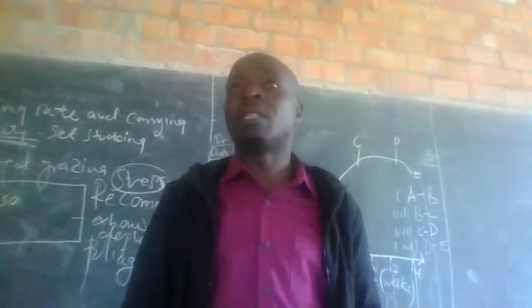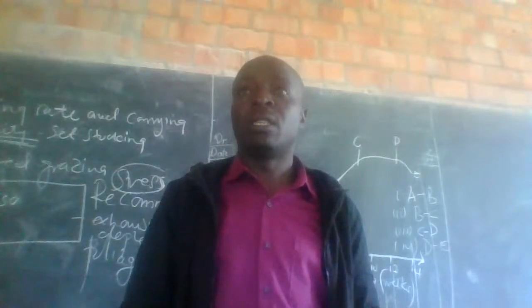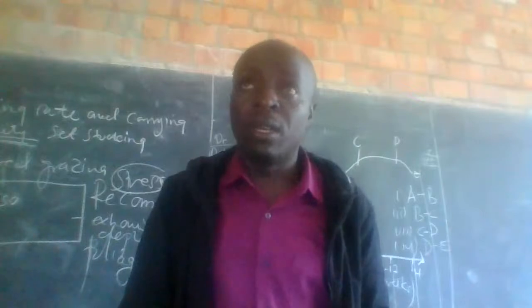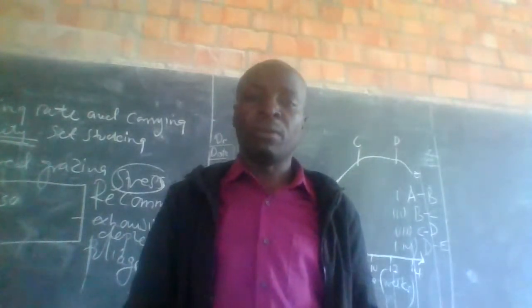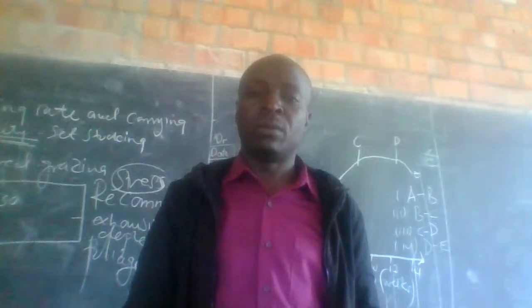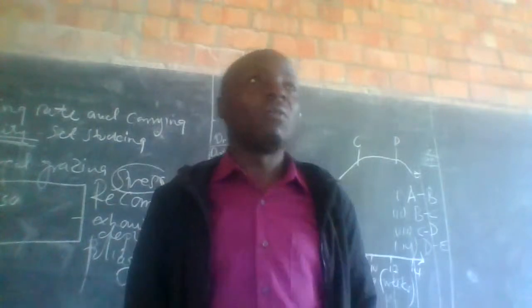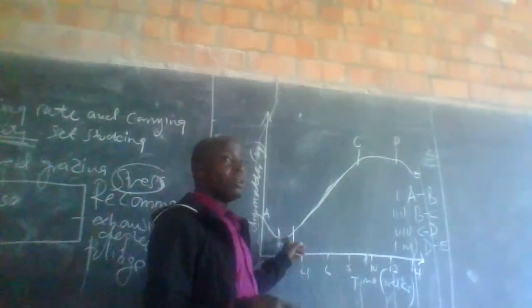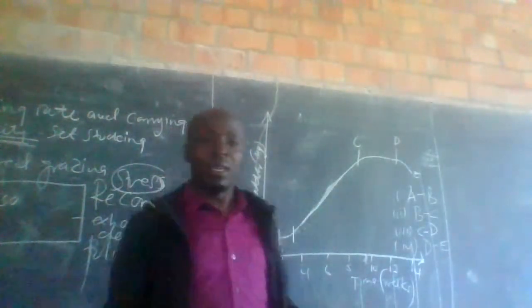Do all those take place in that stage? Yes. A to B. Emergence of the plumule. What is the plumule for? Since the plumule has come, now photosynthesis will be the next physiological activity that will take place.